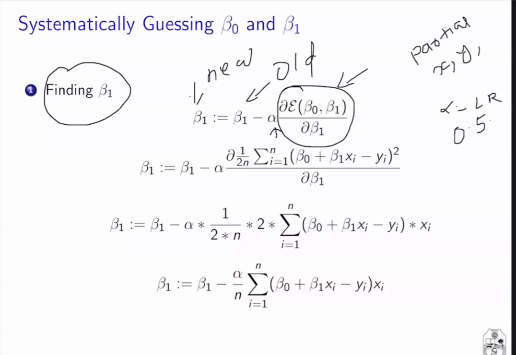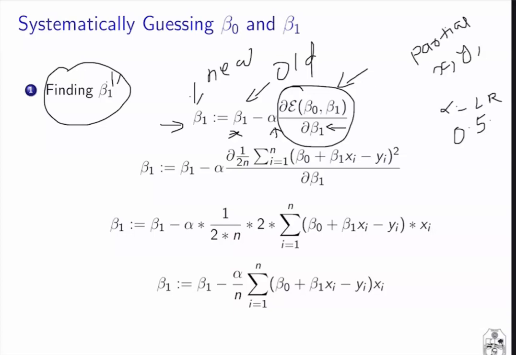When you are finding the value of beta 1, the partial derivative is taken with respect to beta 1. Now, in this equation, we have calculated the new value of beta 1 from the old value of beta 1, the learning rate alpha, and by taking the partial derivative. Why are we taking the partial derivative?